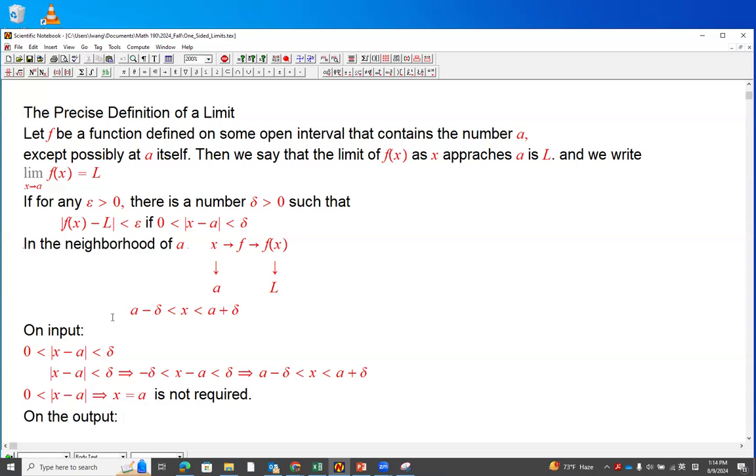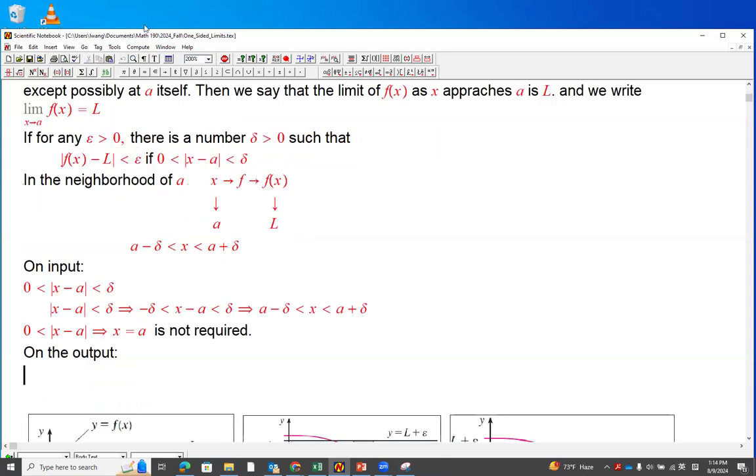So let's look at what that means on the output. The output is similar for an inequality with absolute value. That means a negative epsilon is less than f of x minus L, right?